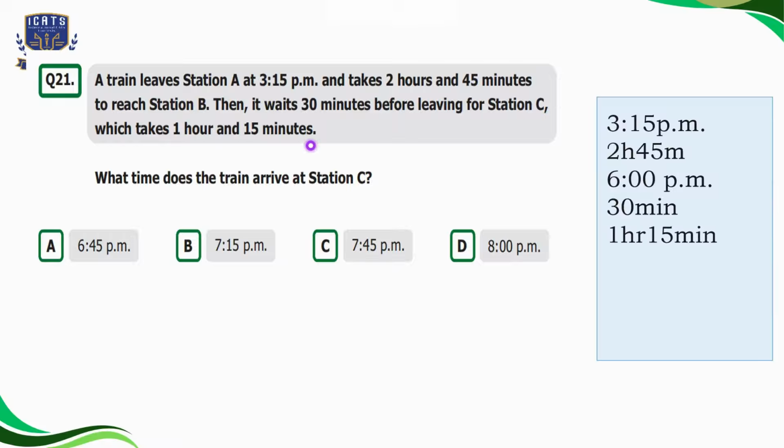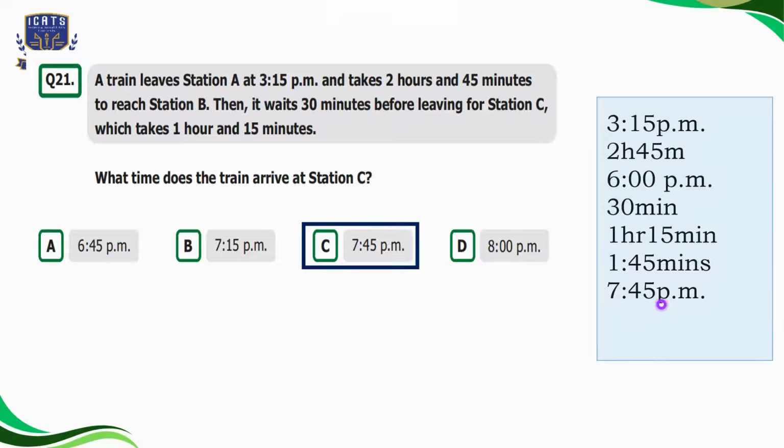So we can add these two times. It means that the train will take 1 hour and 45 minutes to get from station B to station C. So if we add 1 hour and 45 minutes to 6 p.m., the time at which the train will arrive at station C is 7:45 p.m. So we will select option C here.